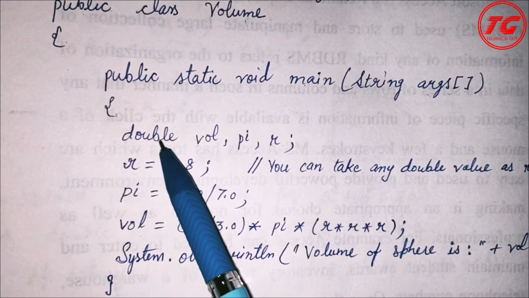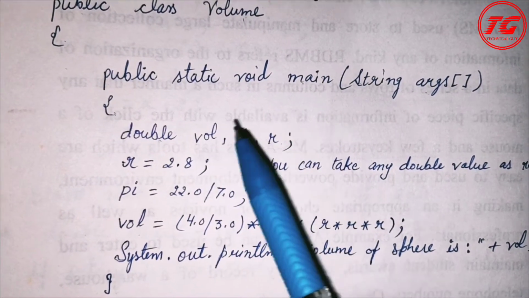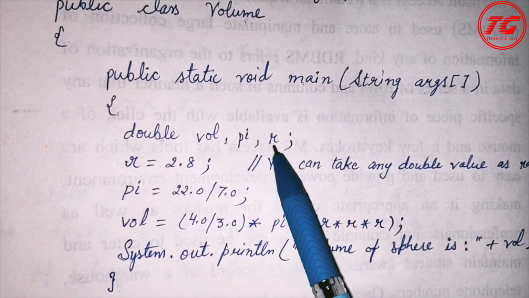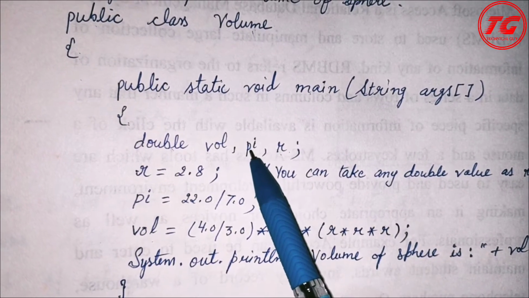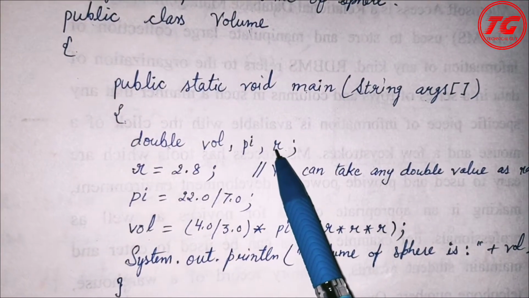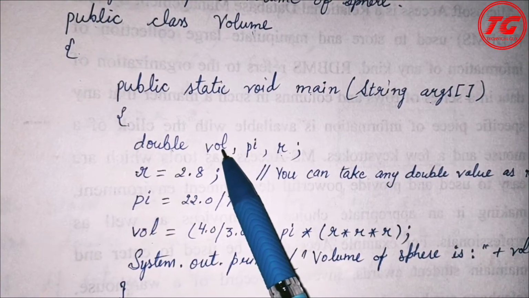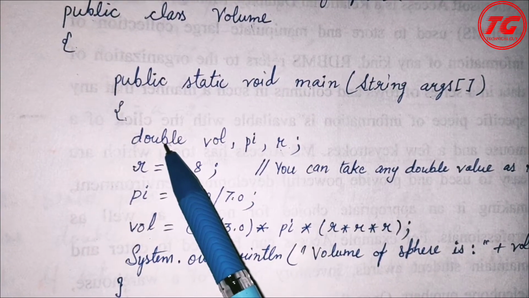So that's why we have taken double data type for the volume, for the pi, and for radius. Because pi can be in points, radius can be in points, and the volume will be in points. So that's why we have taken double data type.